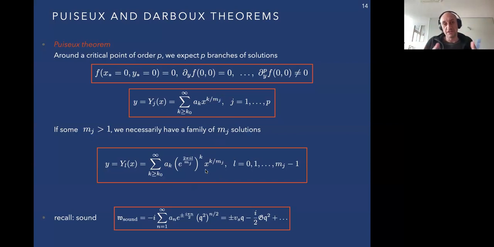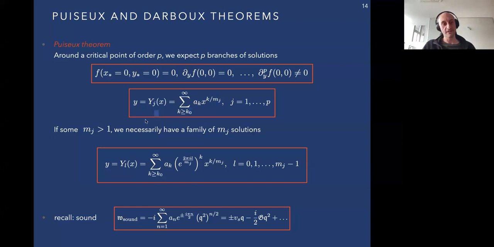This could also be 3 or 4, and then you would have 3 branches where these phases are arranged equidistantly along a circle. So the point is, m_j is telling you what the expansion parameter is, essentially, and you can find all these m_j and a_k by various methods, for example, from the Newton polygon.